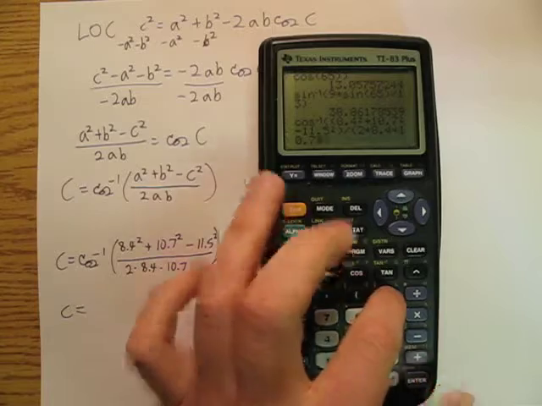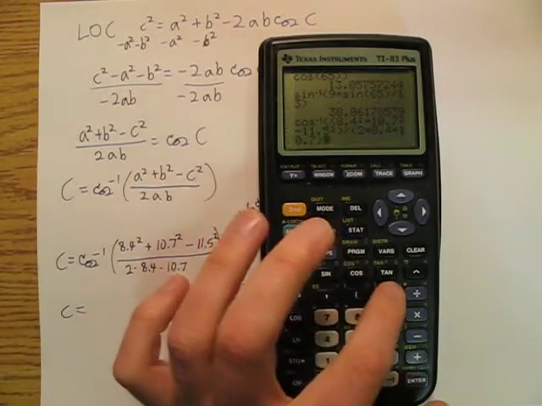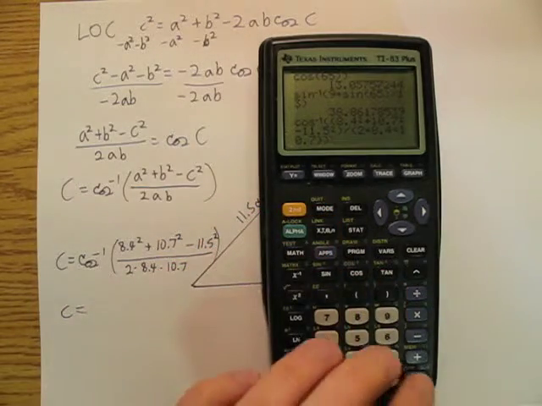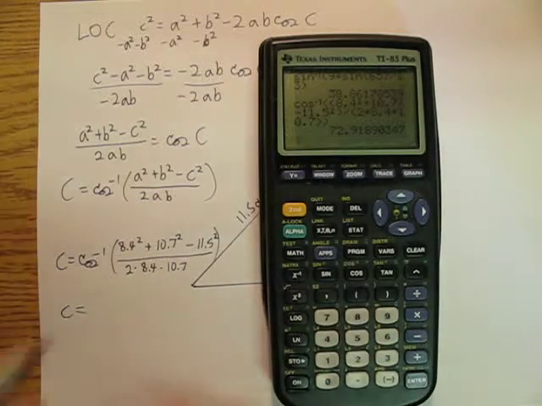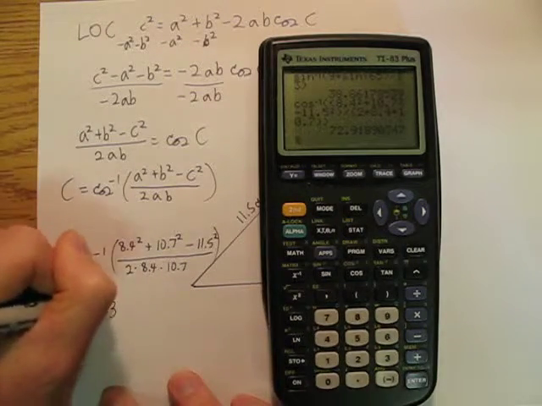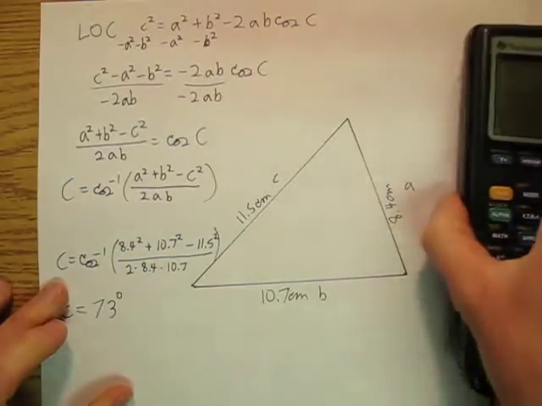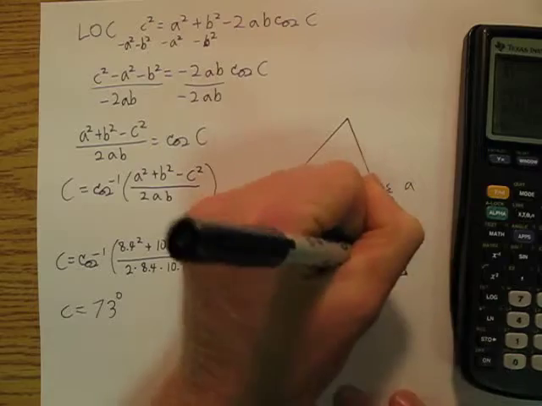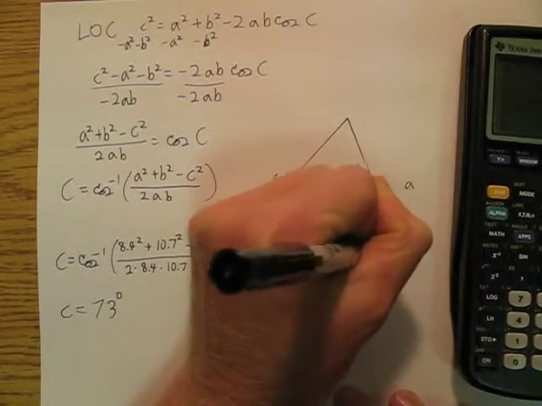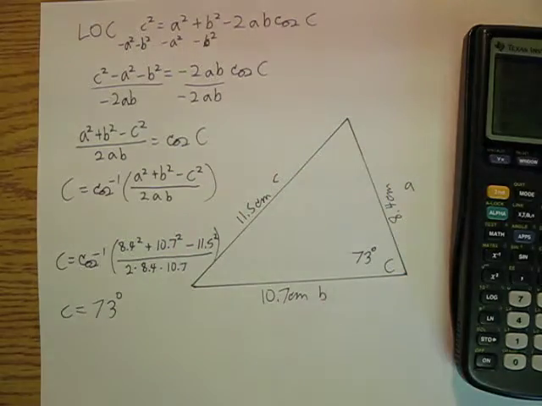So now all that's in my denominator. I close my denominator, I close my cosine inverse, and bam, 72.9 degrees. So I'm going to call it 73 degrees. And that one is going to be opposite there. So there's my big C, and it's going to be 73 degrees.